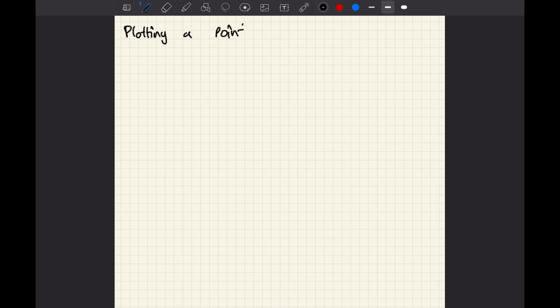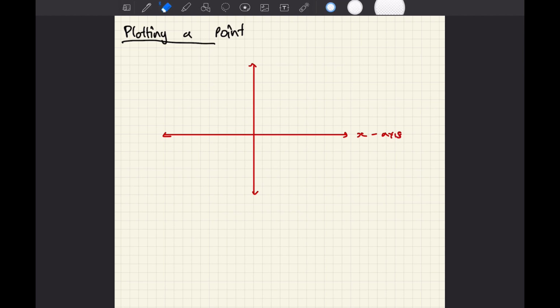Okay, so first, a brief introduction to the Cartesian plane. So the Cartesian plane has an x-axis and a y-axis. So this horizontal line is the x-axis and the vertical line is the y-axis.